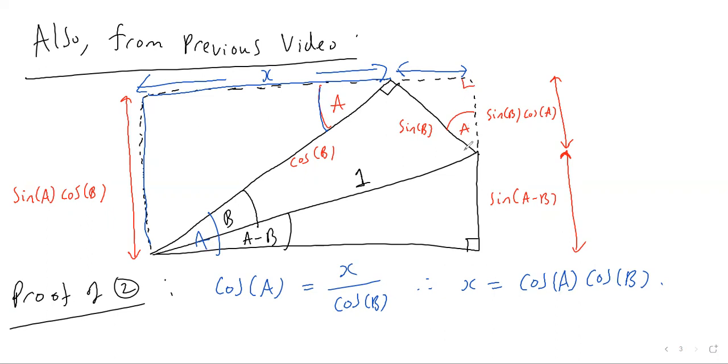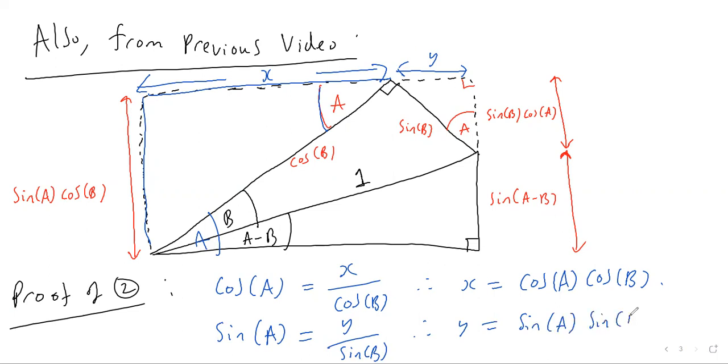I'll call this length y. It is opposite to angle A, and our hypotenuse is sine B. So sine A equals opposite y divided by hypotenuse sine B, therefore y is equal to sine A times sine B.